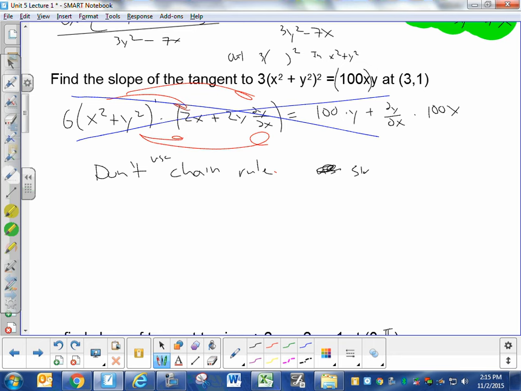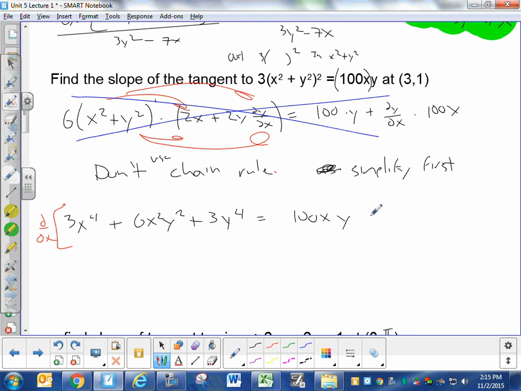Simplify first. So we'd have 3 times x to the fourth plus, that'd be 2x²y² times 3 would be 6x²y², plus 3y to the fourth equals 100xy. Take the derivative of this, and it'll be easier to solve for dy/dx.